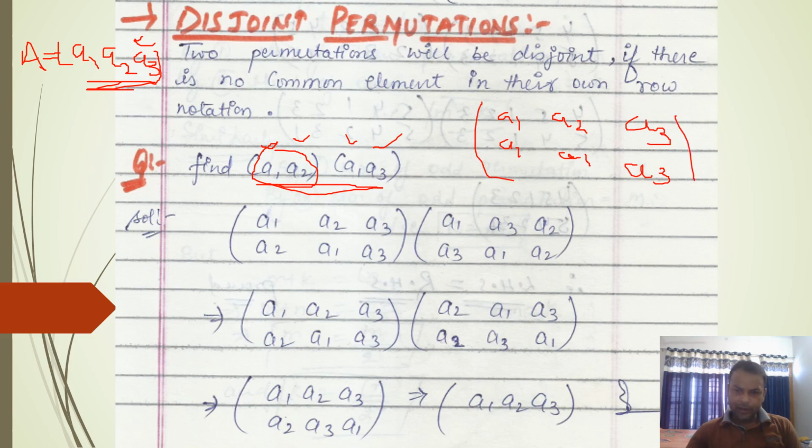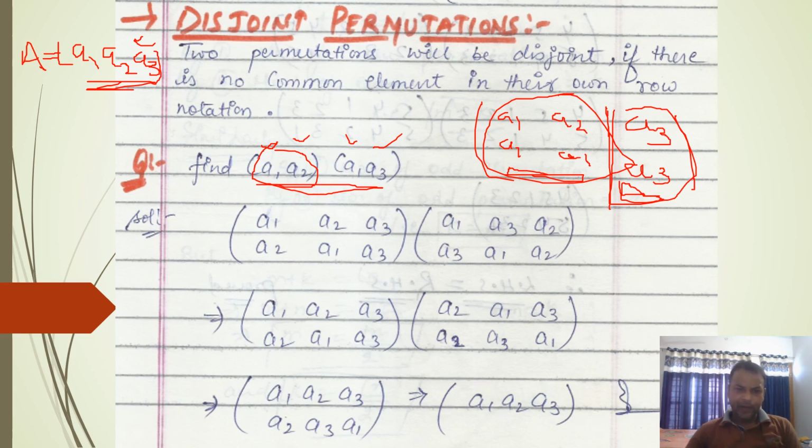So we see a combination of these two elements, while this element is not attached to or has no relation with these two. This type of permutation is called a disjoint permutation. It means this is a partition: these elements make one group while those elements make a different group. So this is known as a disjoint permutation.